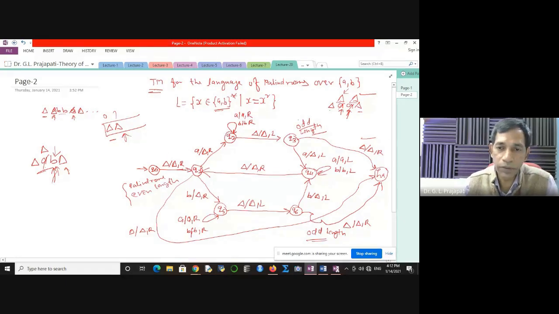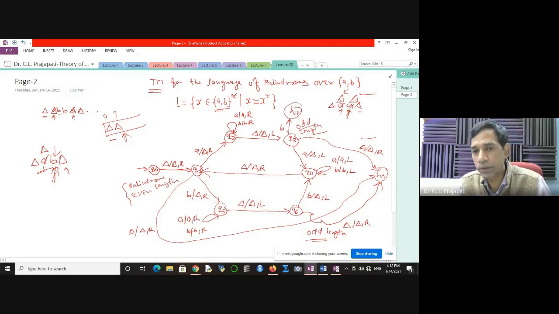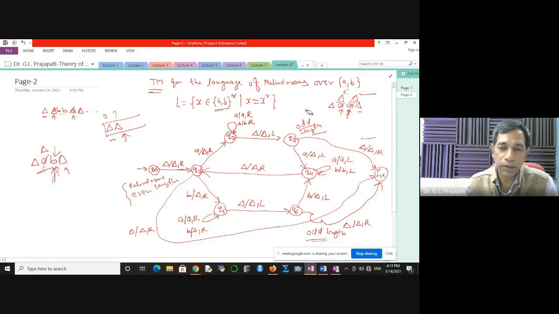Then your machine actually goes to the HR state, and it explicitly decides that the given input is not in the language. Once your machine goes to HR, it means the input is rejected.